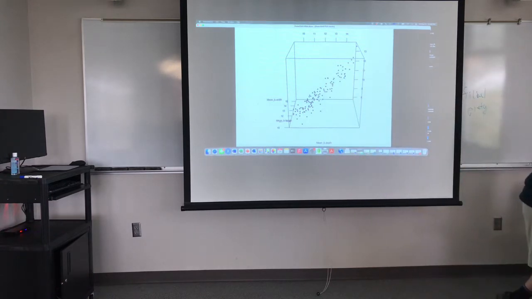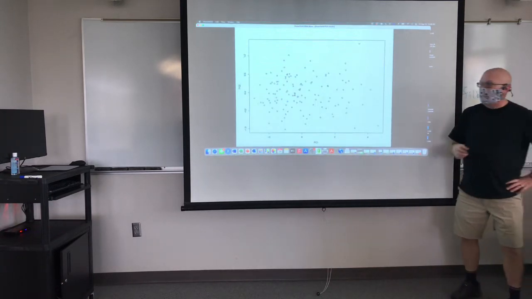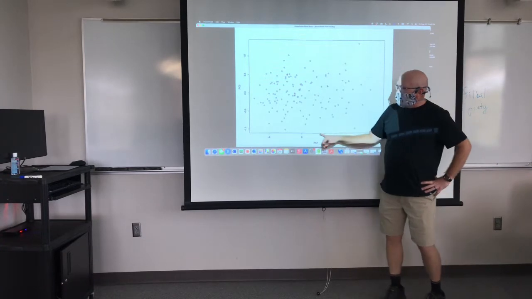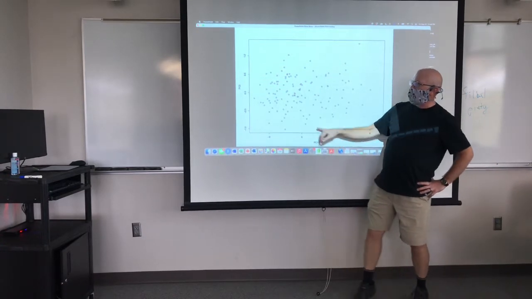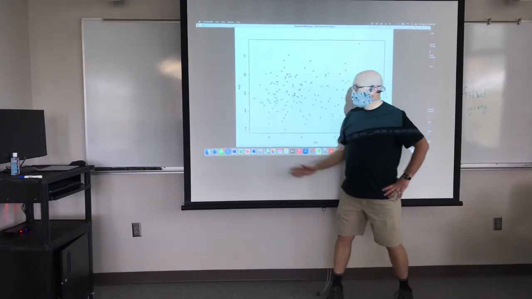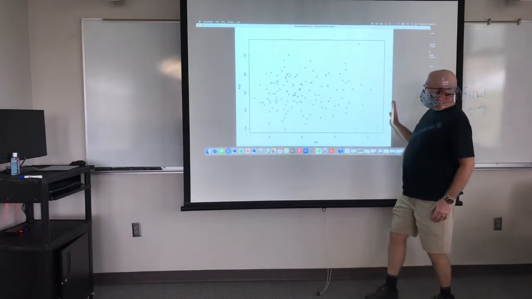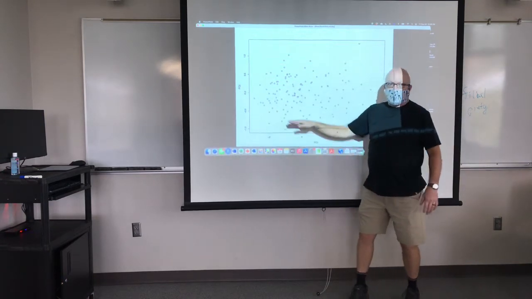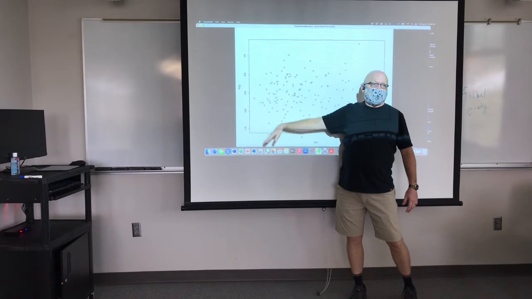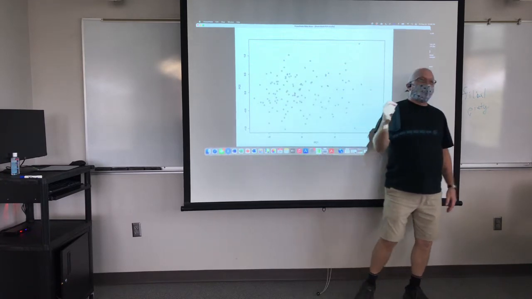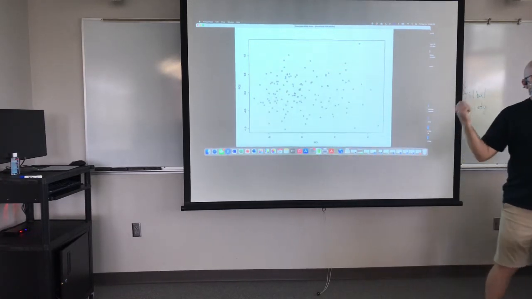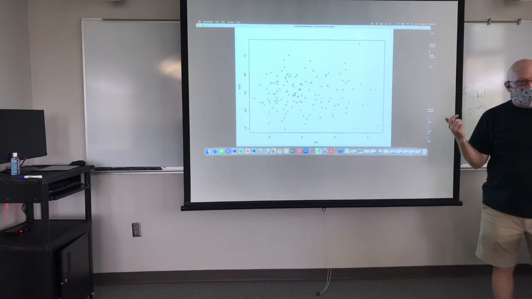And what we get is we get principal components. And when you have principal component 1 and principal component 2, principal component 1 has the most variation in it. Principal component 2 has the next most variation in it. But these two principal components are not correlated with one another any longer.